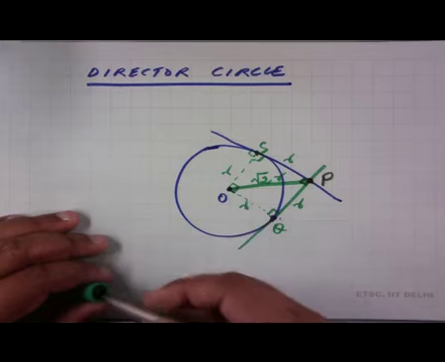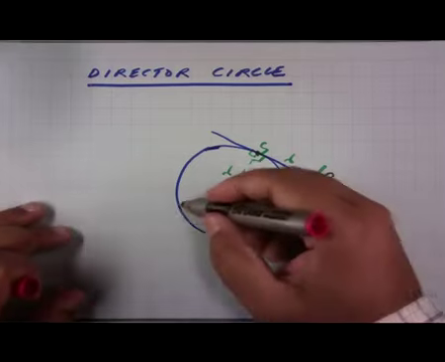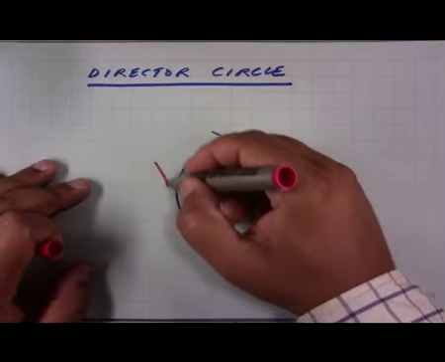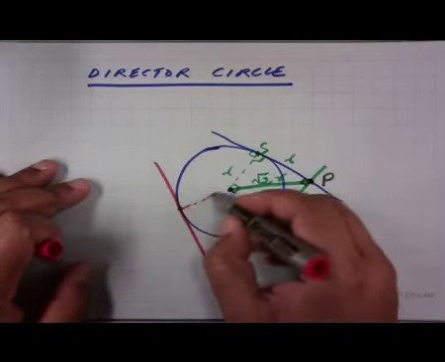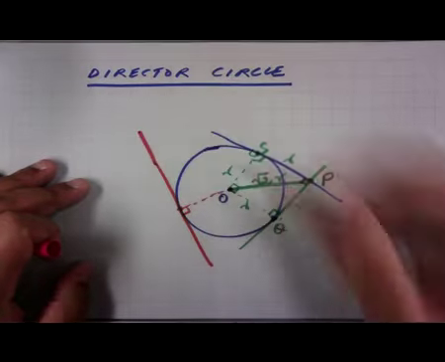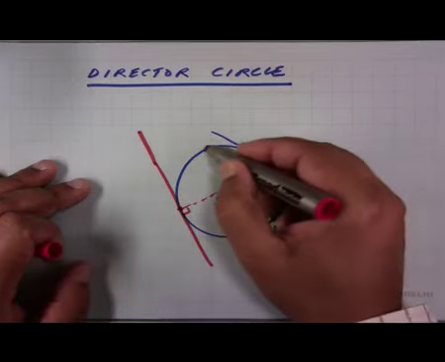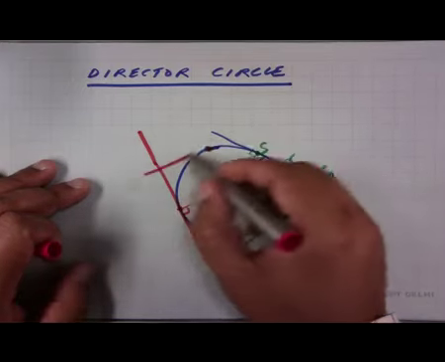For example, we could have another two tangents, let us say a tangent at this point like this, and then we need to have another tangent which is perpendicular to this tangent. So, let us say a tangent at this point over here.